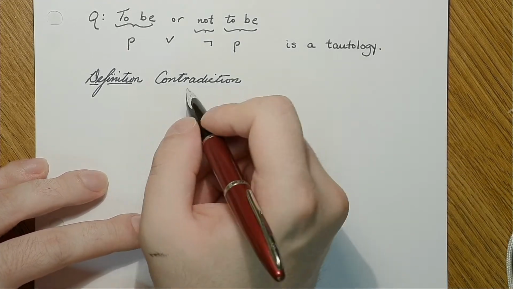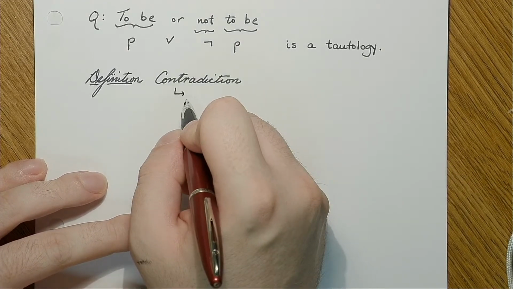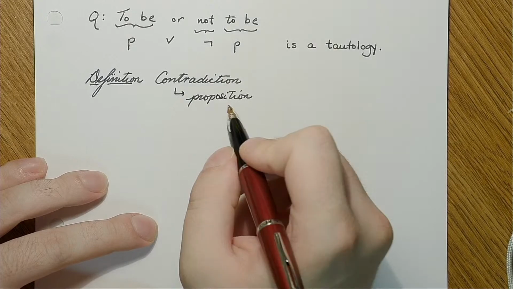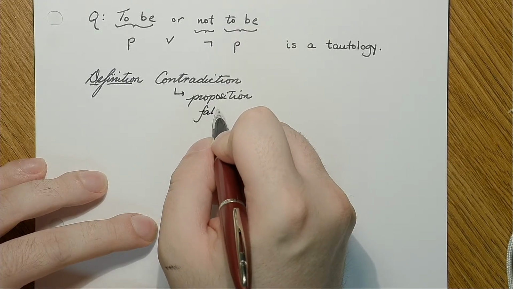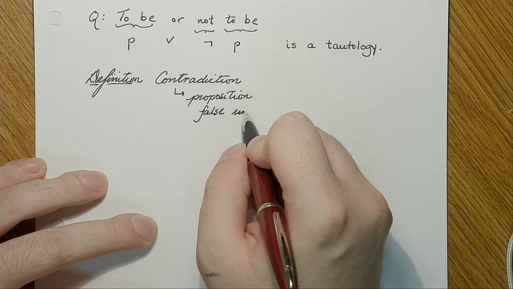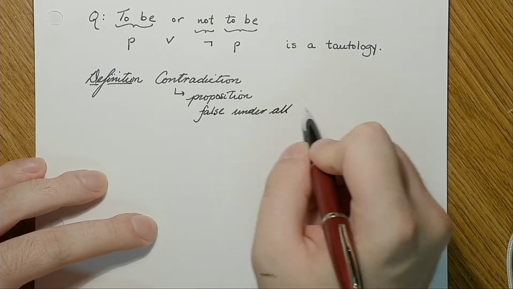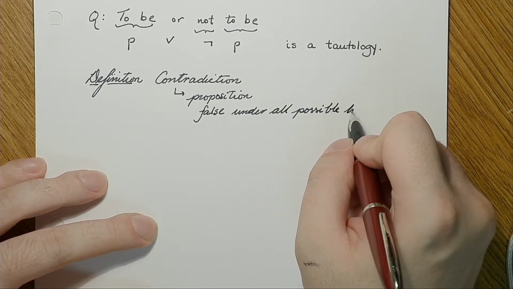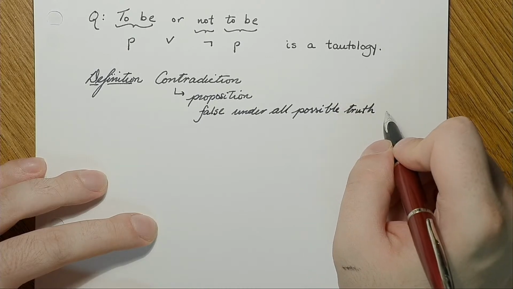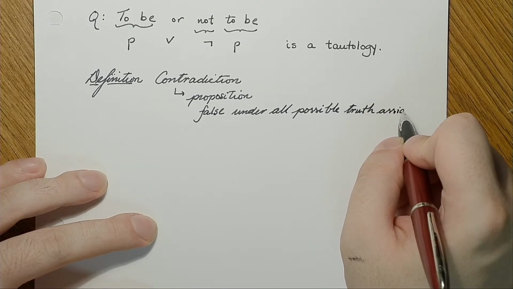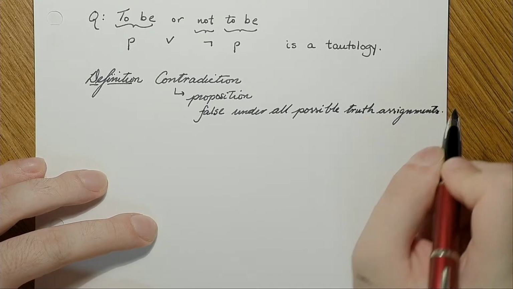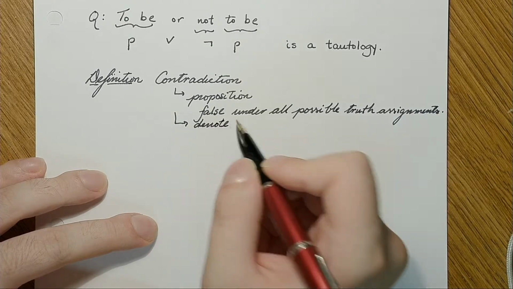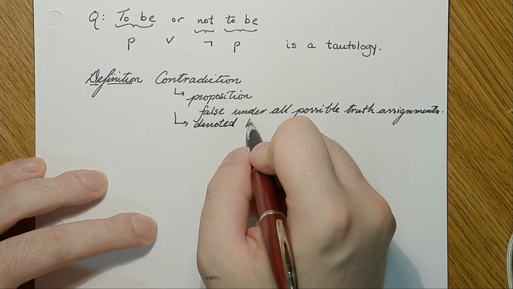So again, it's a proposition, and in this case, it's false under all possible truth assignments. And we denote this with, again, a blackboard F.